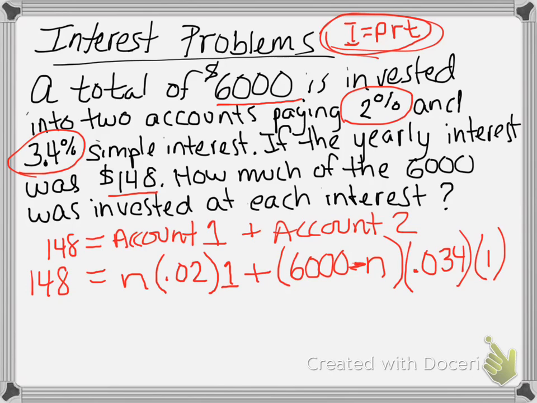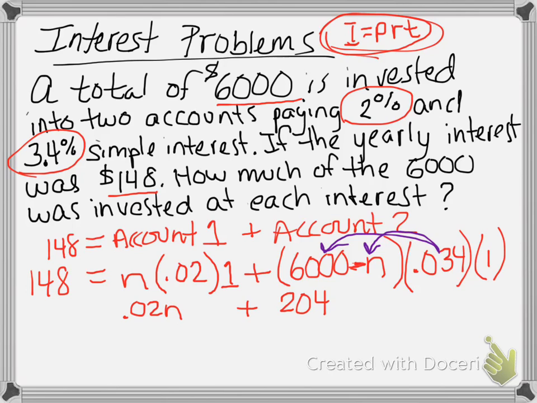So n times 0.02 times 1 is 0.02n, plus, over here you're going to have to use some distributive property, because you have that quantity with the subtraction in it. So let's see. So 6,000 times 0.034 is 204.